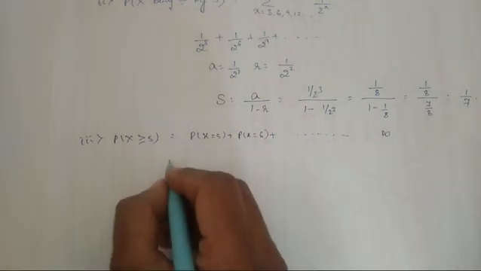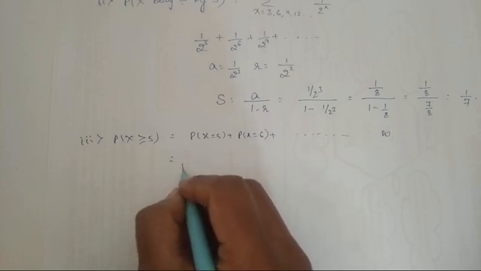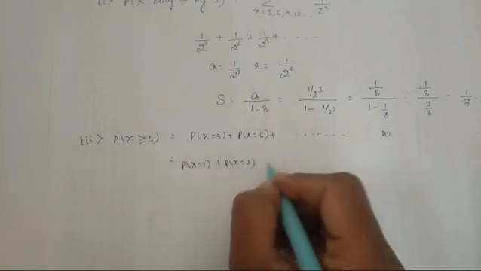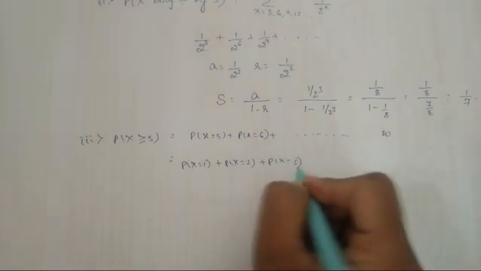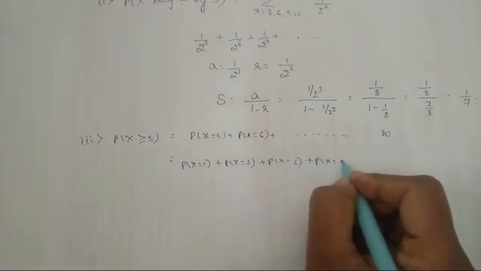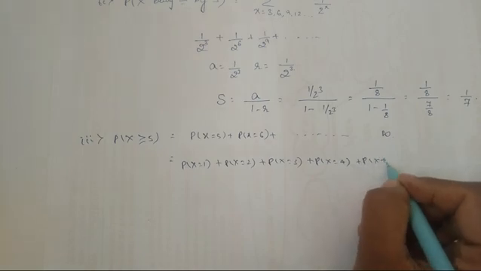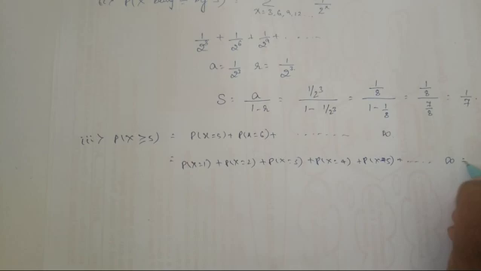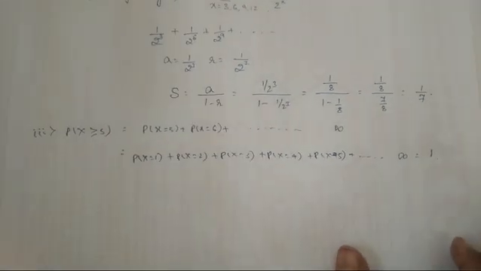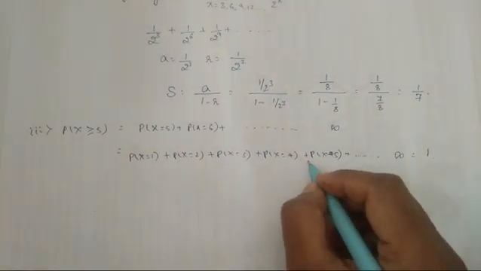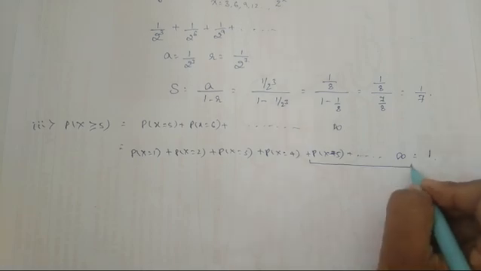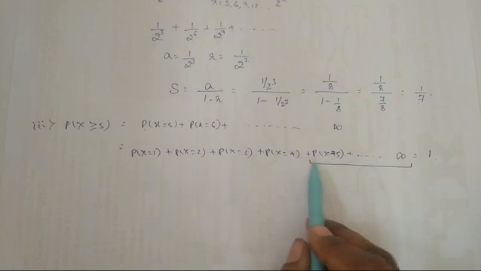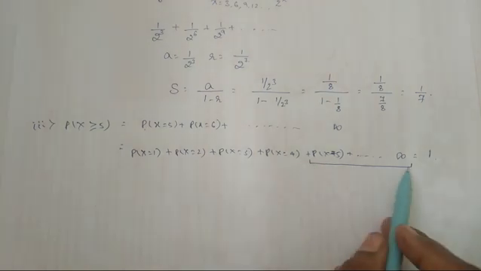Since we don't know the value, see here: probability of x equal to 1, x equal to 2, x equal to 3, x equal to 4, x equal to 5 and so on up to infinity, this will be equal to 1, right? What they are asking is only this much of value, probability of x greater than or equal to 5. Greater than or equal to 5 means only this value.